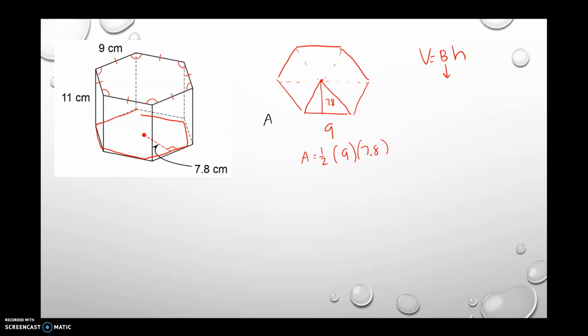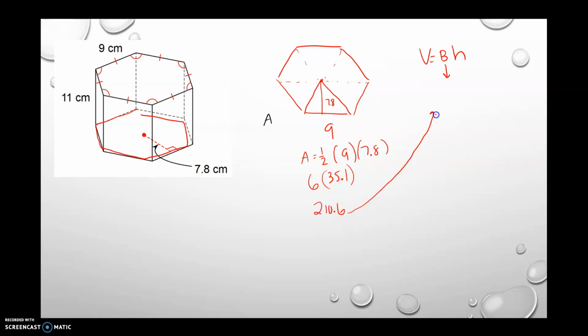Okay, I'm going to take 9 times 7.8 and divide him by 2, and that's going to give me 35.1. That's the area of this one triangle, but again, I have 6 triangles. So I'm going to take this 35.1 and times him by 6. And that's going to give me 210.6.